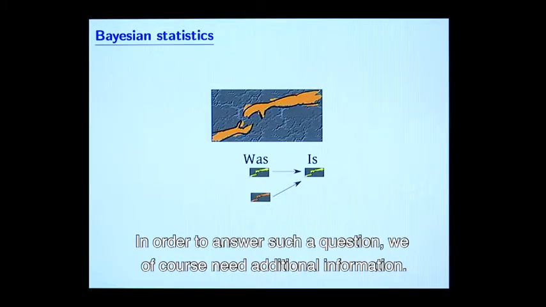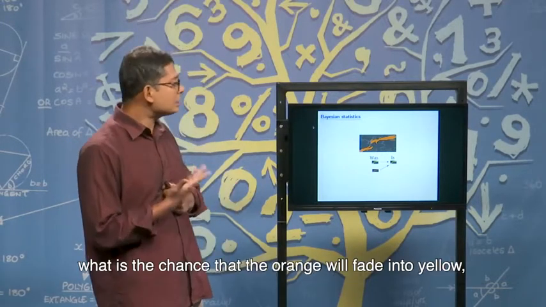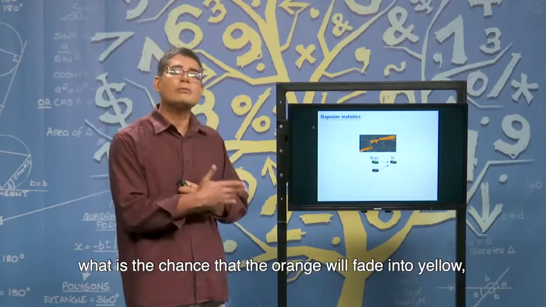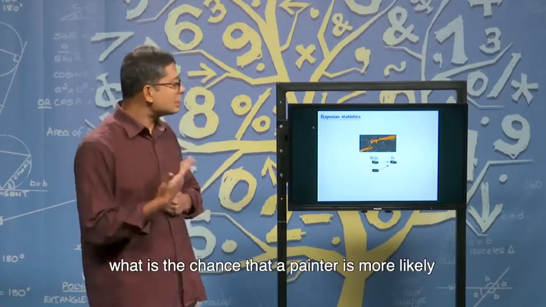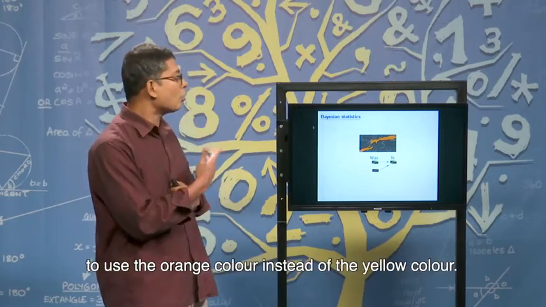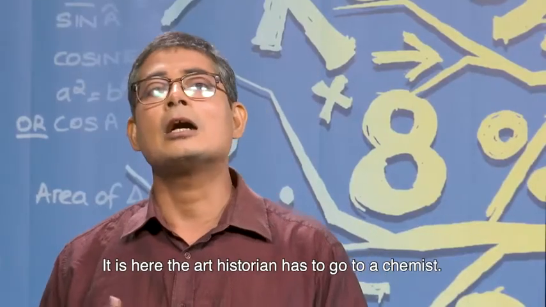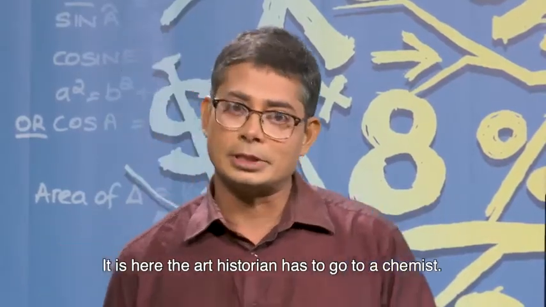In order to answer such a question, we of course need additional information. For example, what is the chance that the orange will fade into yellow? What is the chance that a painter is more likely to use the orange color instead of the yellow color? It is here that the art historian has to go to a chemist.